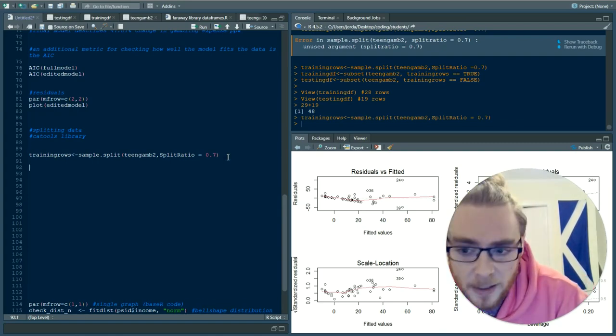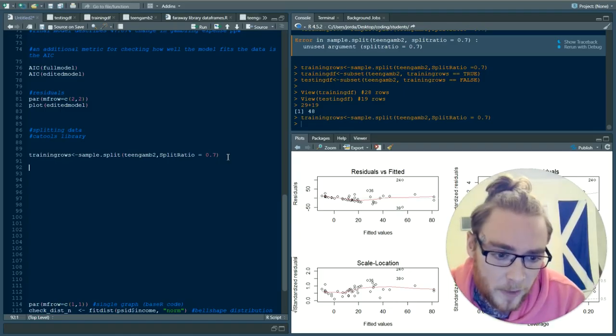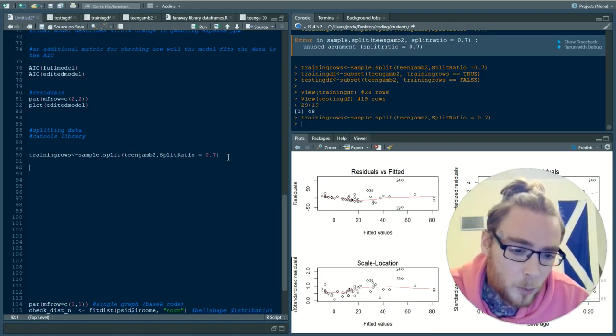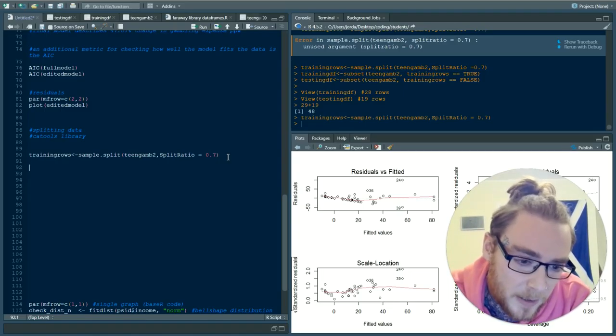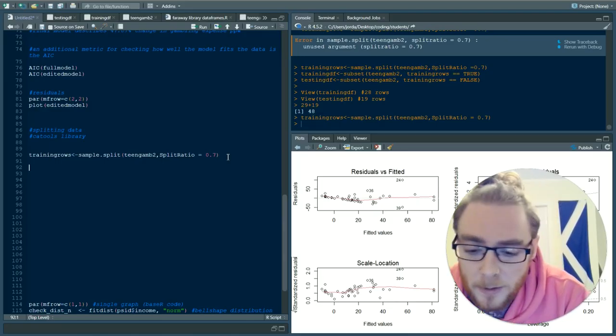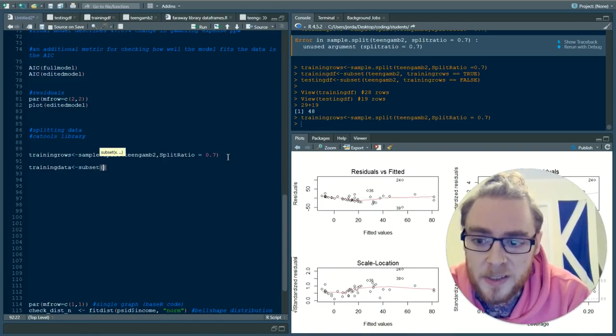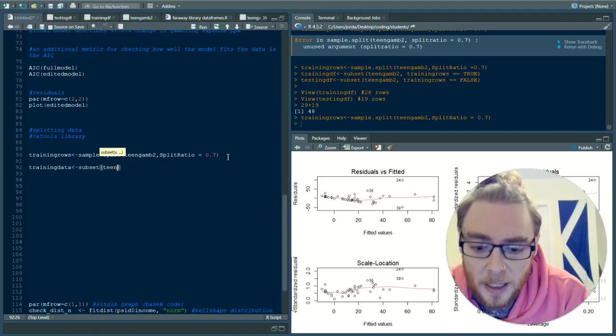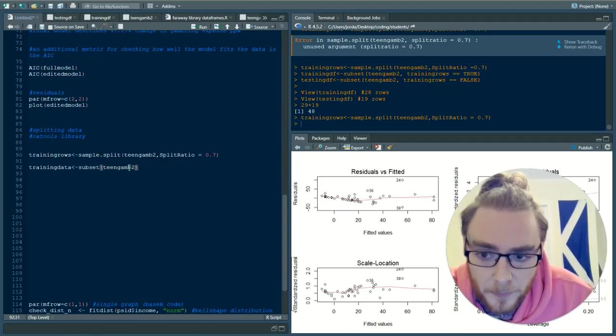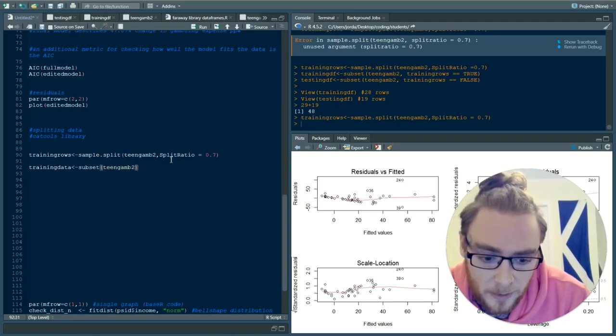Okay, so that's the first part done. That's created a logical vector for what we're about to do next, which is actually create the split data frames. Okay, so training data, back arrow of subset, teengamb2 again. That's your data here, the original data.